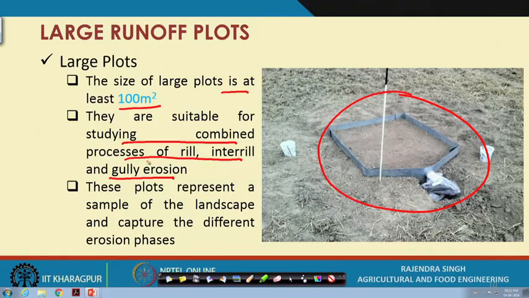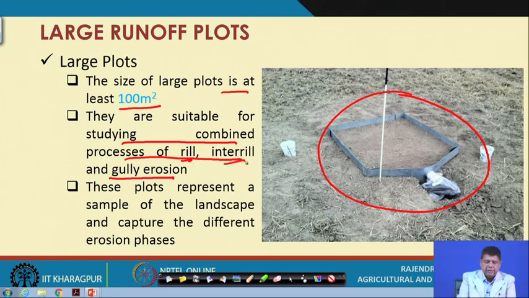So, that is why it is possible to study the combined effect of processes like rill erosion, interrill erosion and gully erosion together. And these plots represent a sample of the landscape and capture the different erosion phases, which is again quite possible because of their life size. There could be natural variations within the landscape, and of course, we have already seen the different erosion phases: detachment, transport, deposition.